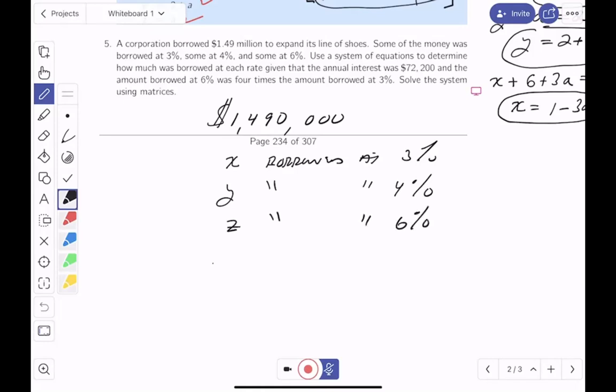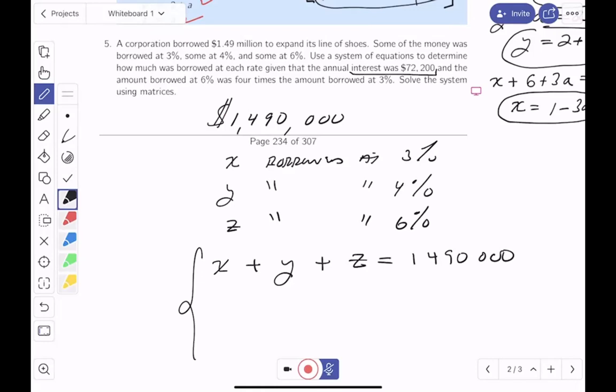Okay, I'm going to say that x, the amount borrowed at 3%, and the amount borrowed at 4%, and the amount borrowed at 6% had to be $1.49 million. I'm going to keep reading it to you. It says, use a system of equations to determine how much was borrowed at each rate if the annual interest was $72,000.